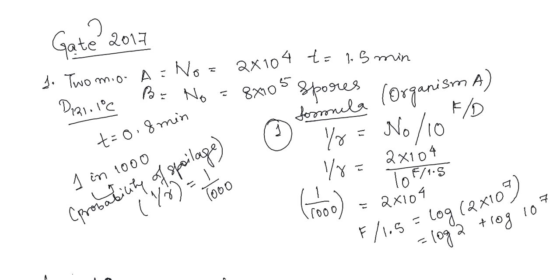If you solve this sum, you will get F is equal to 7.301 into 1.5, which is 10.95 minutes. So you got the first one. Similarly, you need to do the second one.